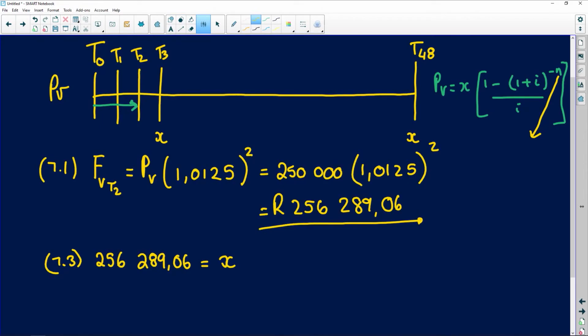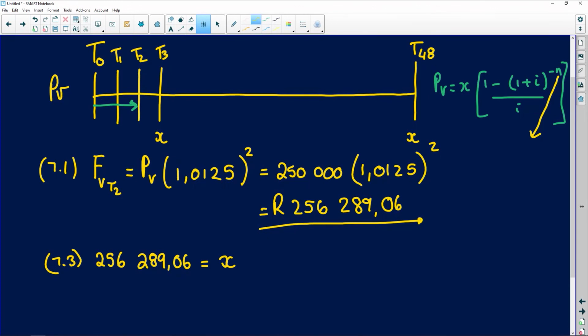It is the amount of payments inside the annuity. If there was no problem here, if Thabiso started paying at T1, then that n will coincide with the period of 48 months. So n is not 48.